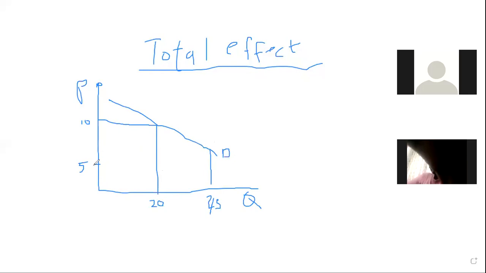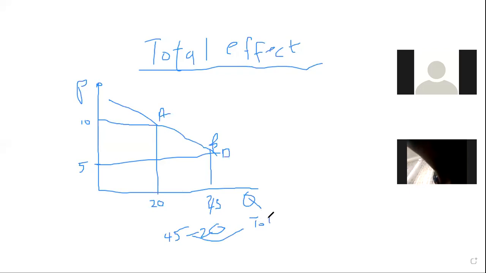Now, the movement from point A to, let's say, point B, the difference between quantity, which is 45 minus 20, is what we call the total effect of the price change.